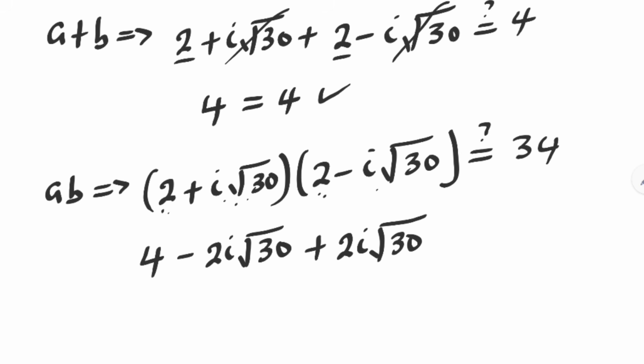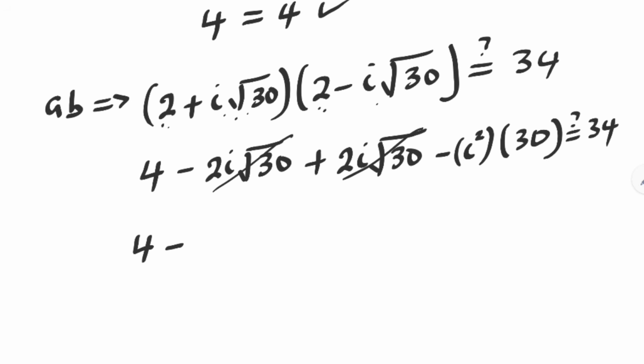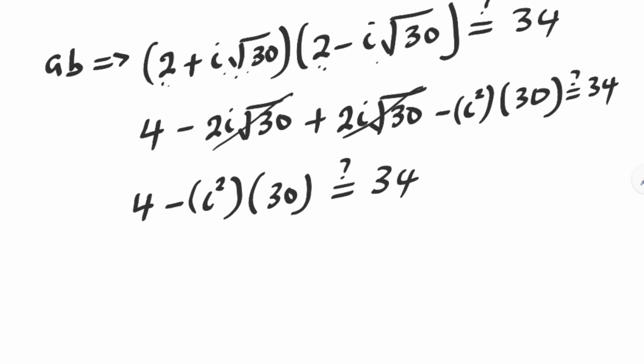I root 30 multiplied by minus I root 30, this is minus I square multiplied by 30, must be equal to 34. This cancels this. 4 minus I square multiplied by 30 must be equal to 34.